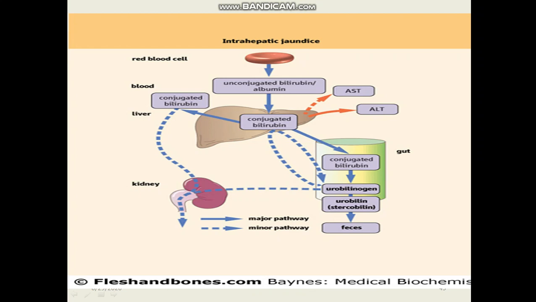Some part of the conjugated bilirubin also goes to the intestine, and in the intestine it is converted to urobilinogen and then to stercobilin.